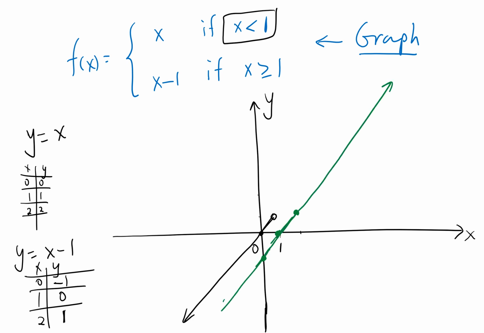This is the line. But they said only graph it from 1 to the right of it. Bigger means to the right, so anything to the left of 1, you need to get rid of it.